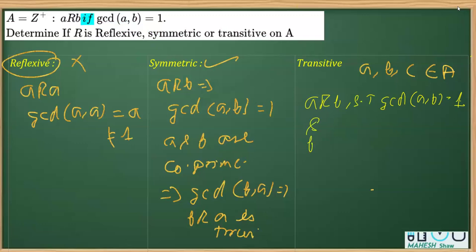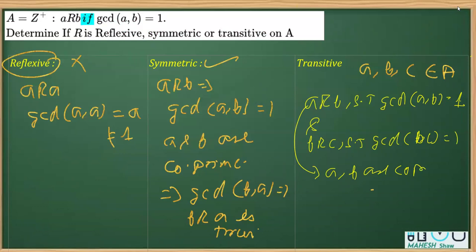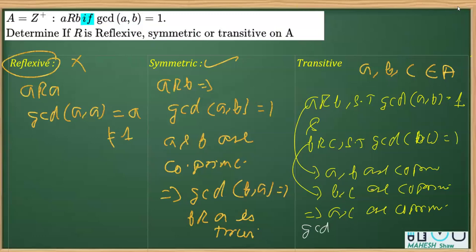And we have bRc also given, such that GCD of b, c is also 1. From here, b and c are co-prime. So it implies what? If a, b are co-prime and b, c are co-prime, does that mean a, c will also be co-prime? That is, the highest common factor of a, c is also going to be 1.